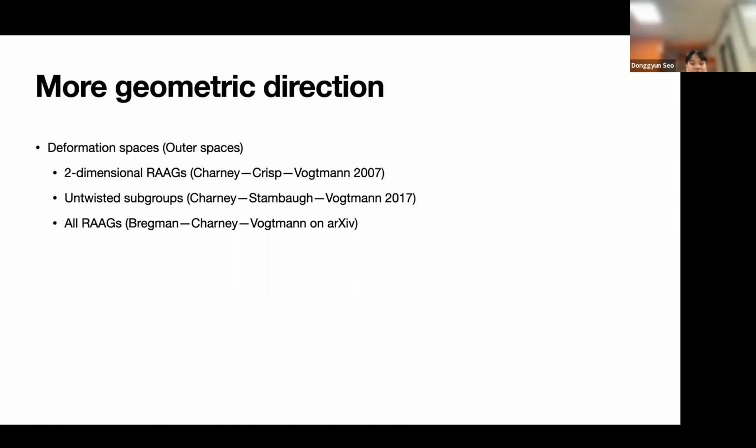There was a Bregman talk in Paris last month, where he wants to develop a nice boundary of the deformation space of the automorphism group, the outer space of the right-angled Artin group.